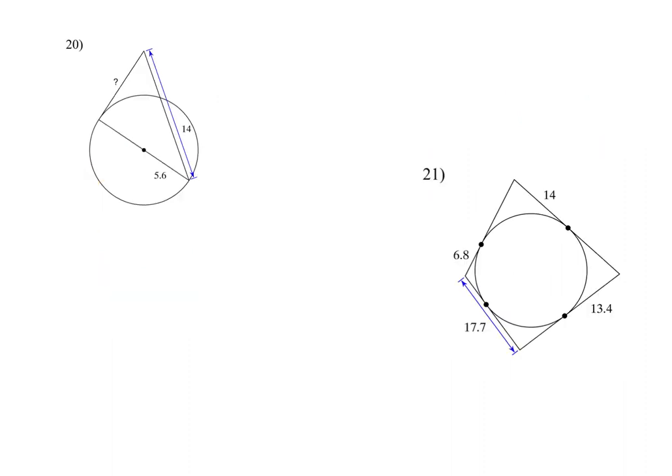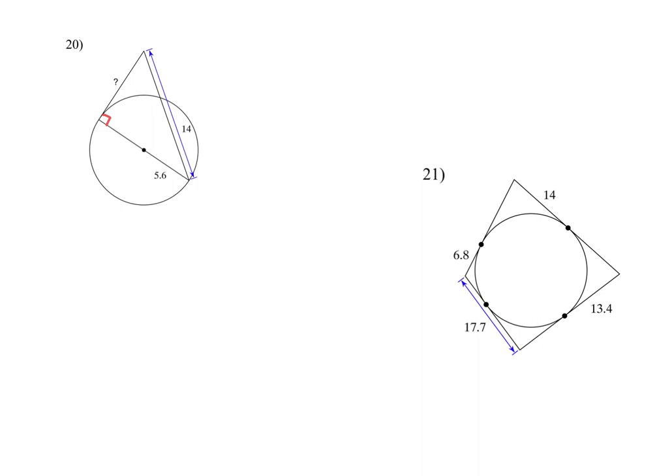If you'll remember, this theorem says that if you have a tangent and a radius, they're going to be perpendicular. So even though they didn't tell you that this was a right angle, you automatically know that this is a right angle. And so once again, you can use the Pythagorean theorem. I would say pay attention to what they have given you. They have given you this 5.6, but that is just the radius. All right?